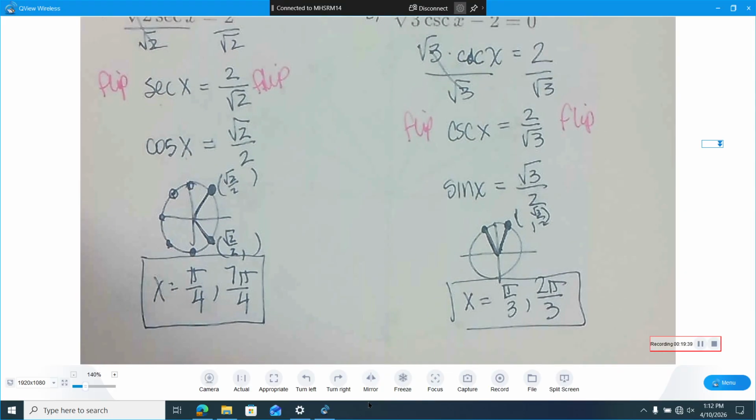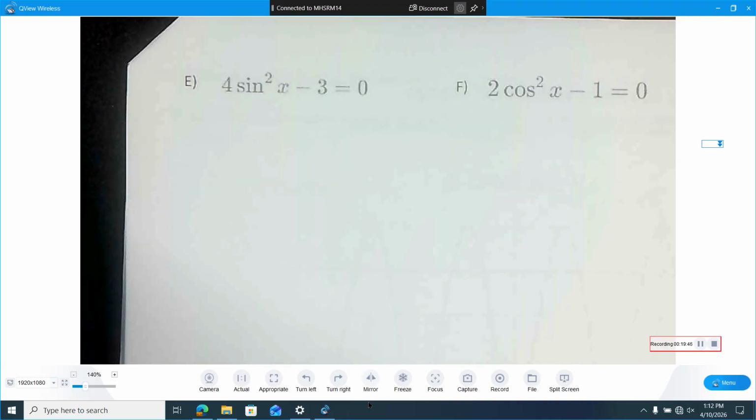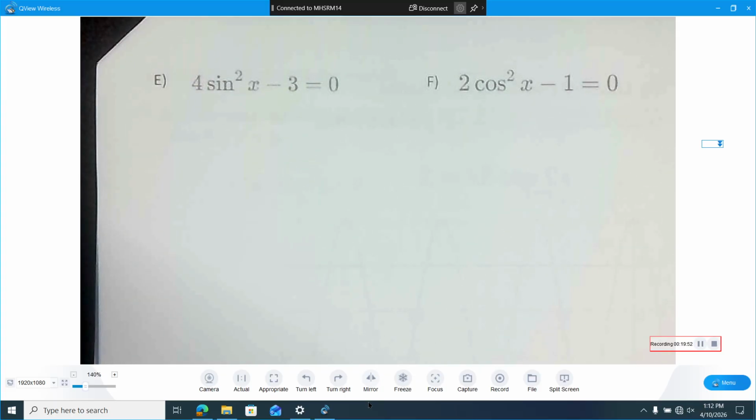All right. Are you okay with this? Only one of these, right? You have to do both of them. Really need to practice.